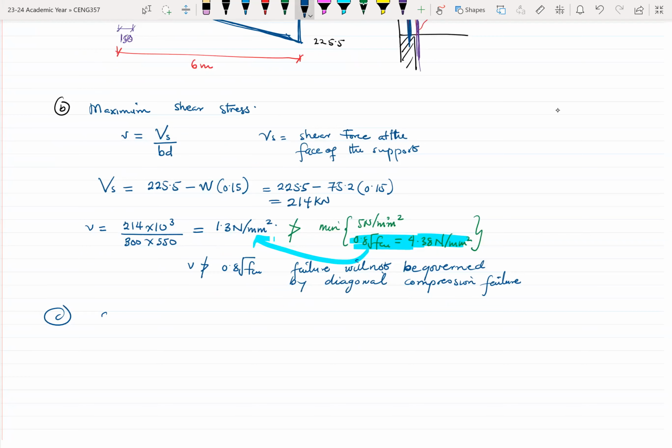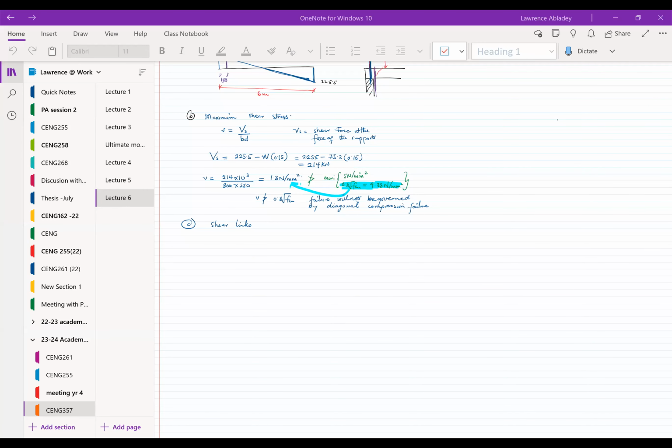So let's look at how to find shear links. Now let's find the concrete stress, or the maximum shear stress in the concrete. All right.